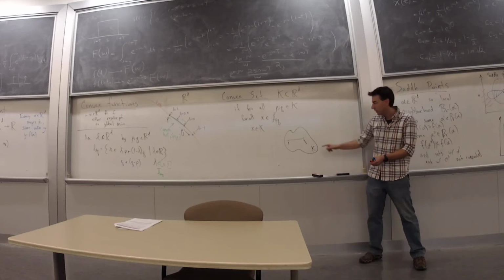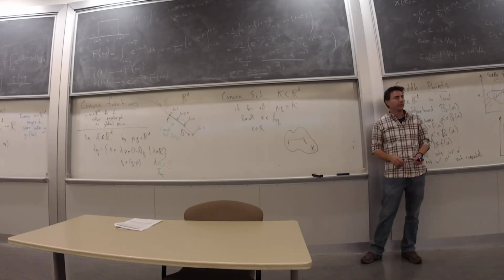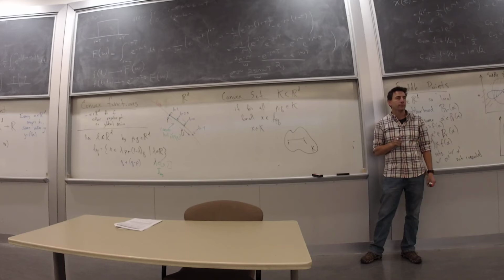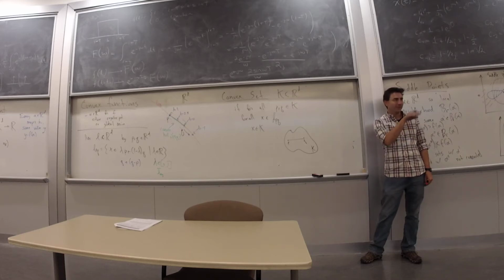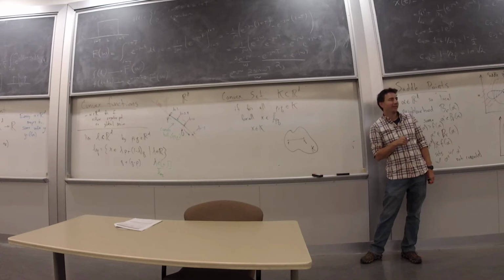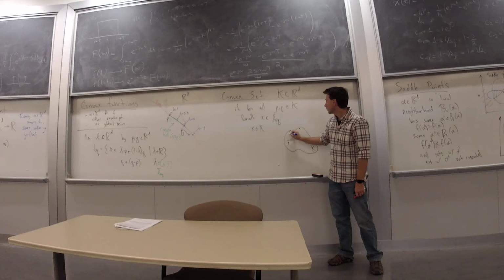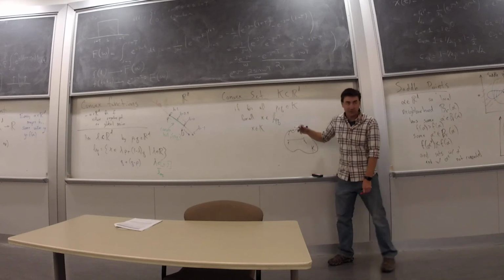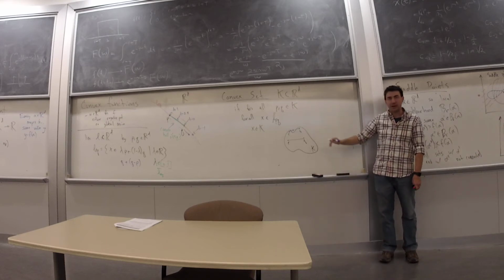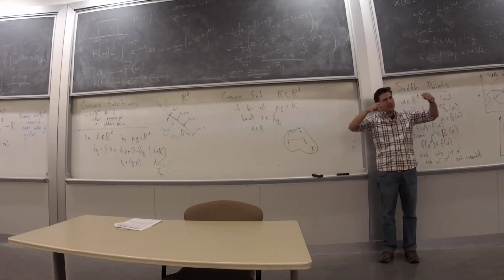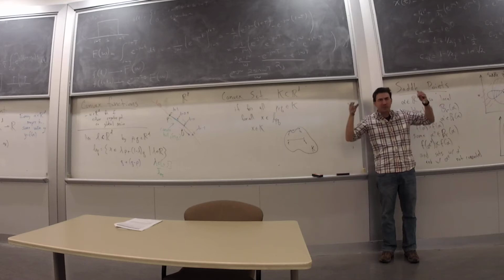Is the set I've drawn convex? The inside of this curve? No? Why not? You can take the top 2 peaks. Yeah, so I can put P and Q here, and then I can find some point which is outside. So this says not convex. Convex ensures that stuff is kind of round in some way.